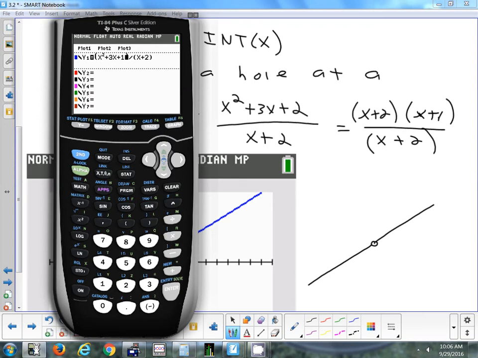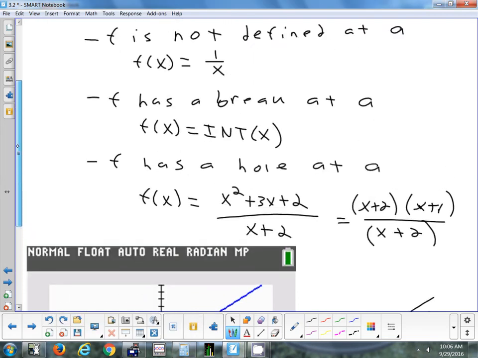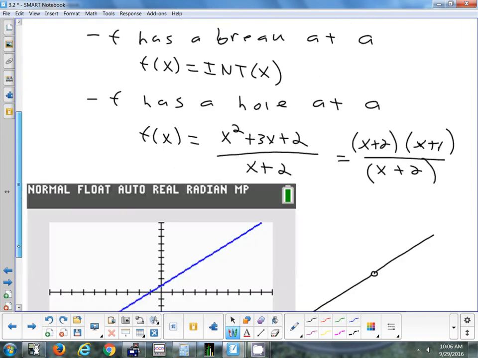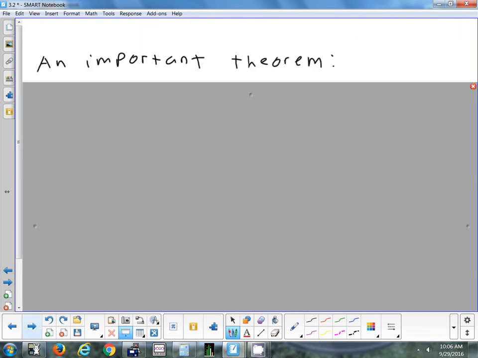No. Now you will not have a common factor in the numerator and denominator, and it's going to completely change how the picture looks. Just by changing a plus 2 to a plus 1. So holes happen when you have common factors in the numerator and denominator that cancel out. And that's the 3 ways you can get discontinuities.